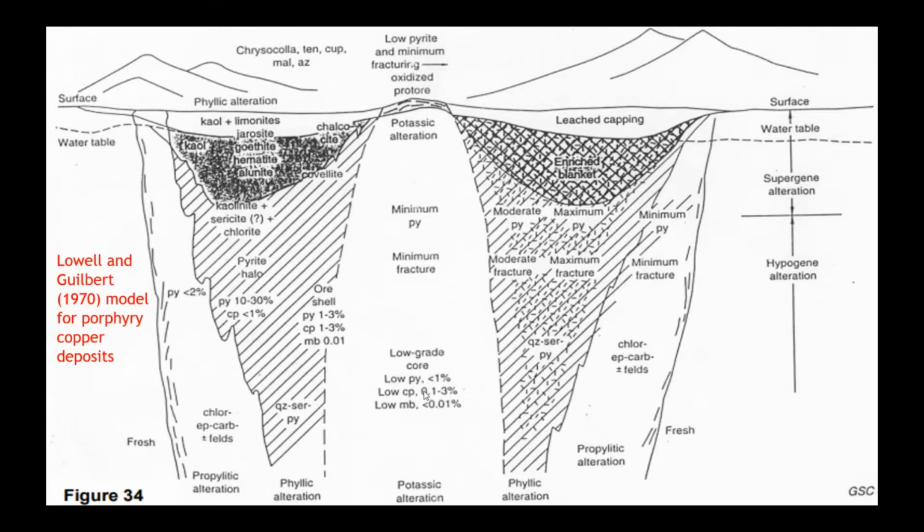Now, above that phyllic zone, the rock is capped by an advanced argillic zone where leaching is by oxidized acidic water. So this is normally generated by the absorption of magmatic vapor into meteoric waters. And this is particularly intense and may reach to the paleo surface.